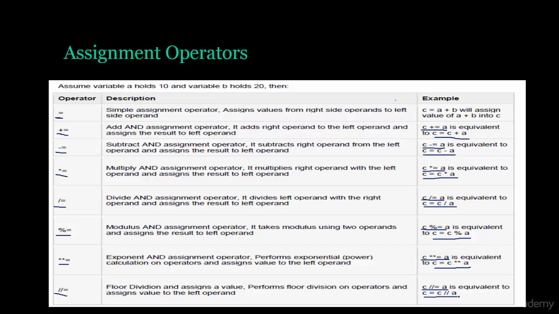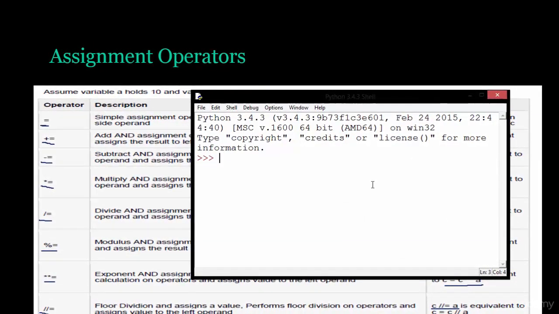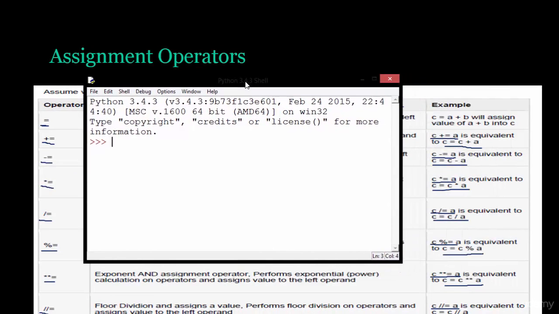Let's try this in our Python shell. I say x equal to 5, here the equal sign.